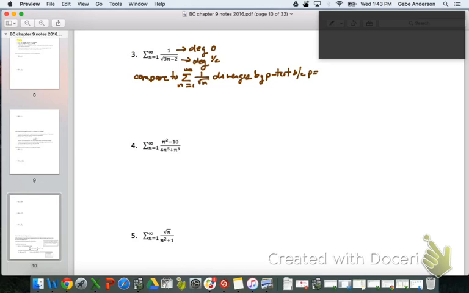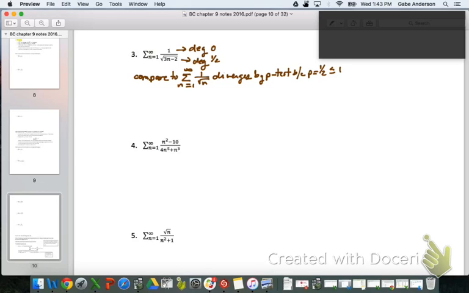Because p is equal to 1/2, and 1/2 is less than or equal to 1. And so I've got something that I know, and I'm going to compare it by using limits to what I already have.